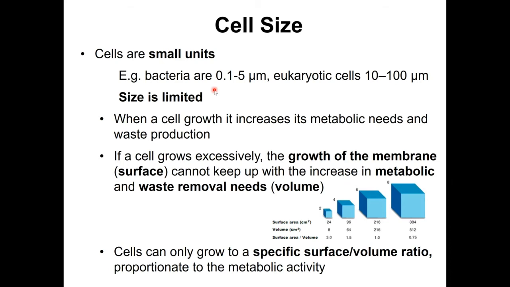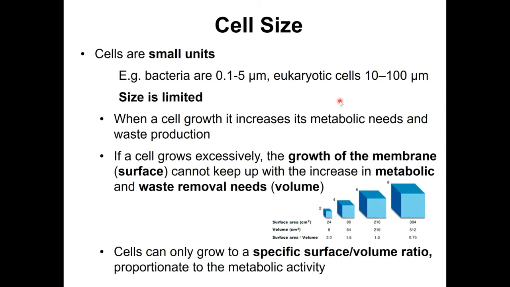And this size is limited. In neither group can the cells go much further. Why? There is a reason. When a cell is growing, all the metabolism inside the cell, which includes both the reactions that build things up, the requirement for energy, and the requirement for building blocks like amino acids, as well as the production of waste, will grow proportionally to the volume that the cell is growing.